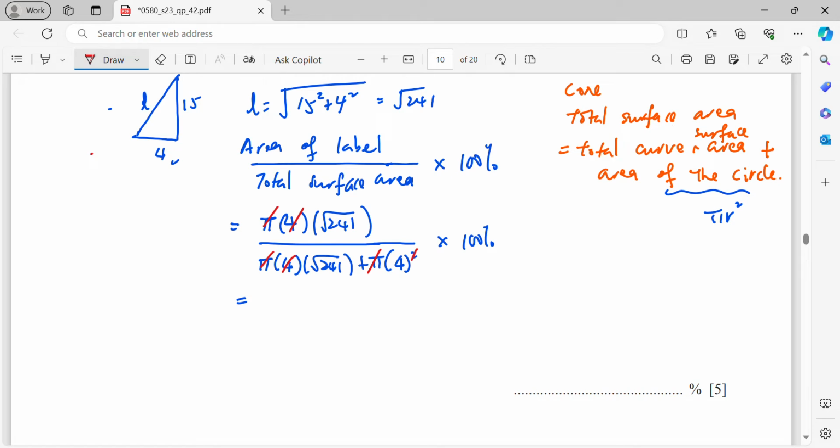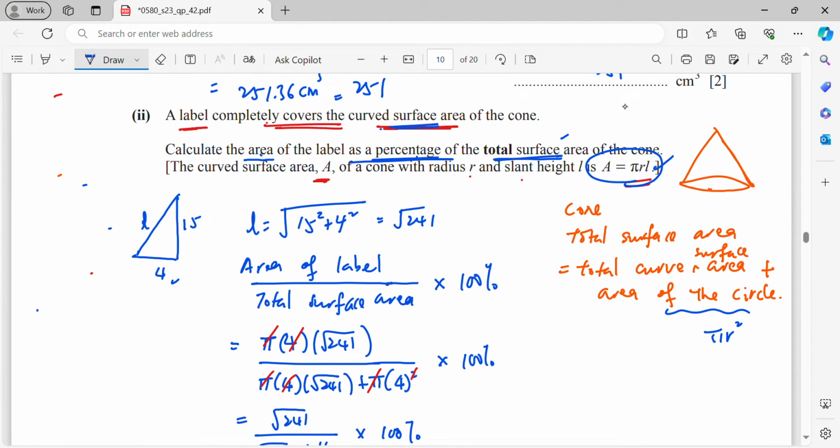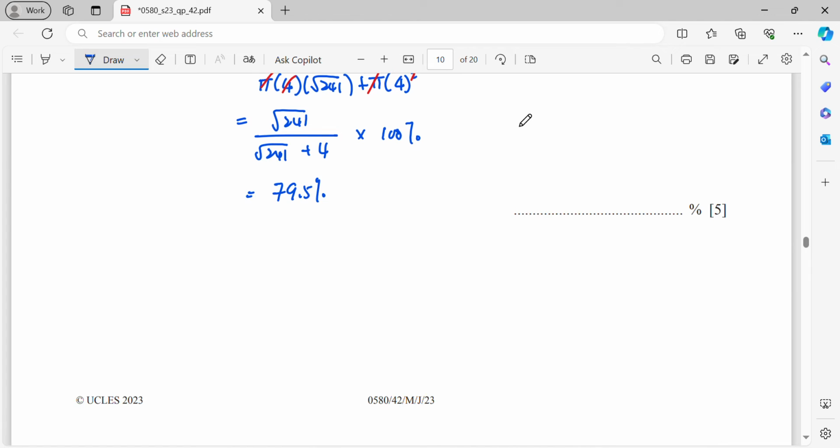So now from here, I will be getting square root of 241 over square root of 241 plus 4, then you times 100%. So at last, you will be getting 79.5%. Okay, so that means the area of the label as the percentage of the total surface area is going to be 79.5%.